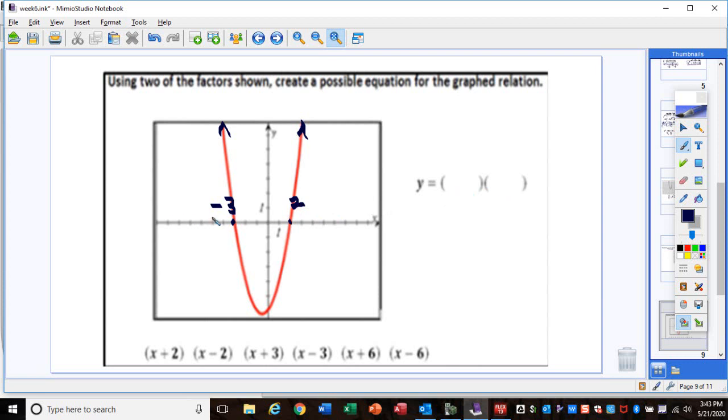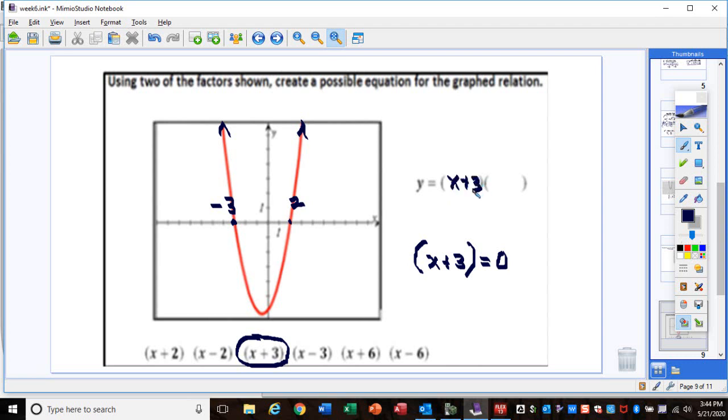Now think about this. If the solution is -3, then the binomial has to be x plus 3. Because remember, when you take x plus 3 and set it equal to 0, then -3 is a solution. So if you know that -3 is a solution, working backwards, then you know that x plus 3 is a factor.